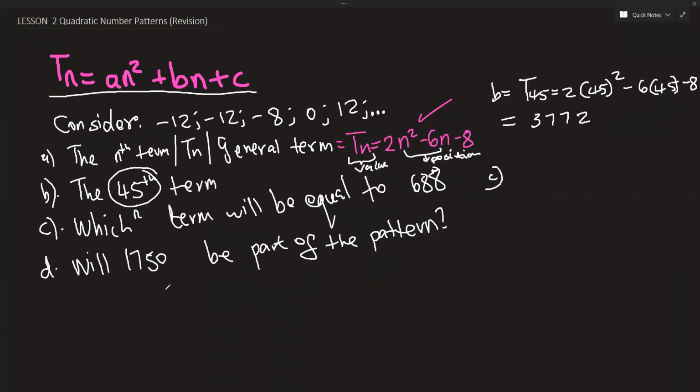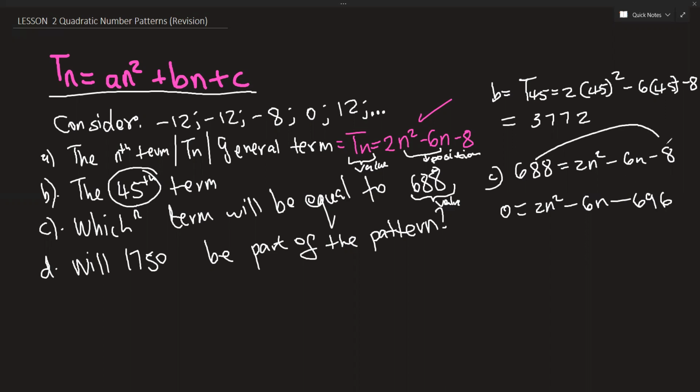Now let's go to C. Okay, C, I think it will need more space. So C, they gave me what? Is this the position or the value? This is the value, right? So I'm going to put it here on Tn. So I have 688 equals to 2n squared minus 6n minus 8. 0 equals to 2n squared minus 6n minus 696, because this one, when it goes there, is going to be negative.